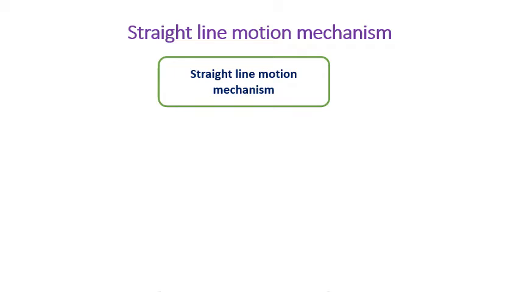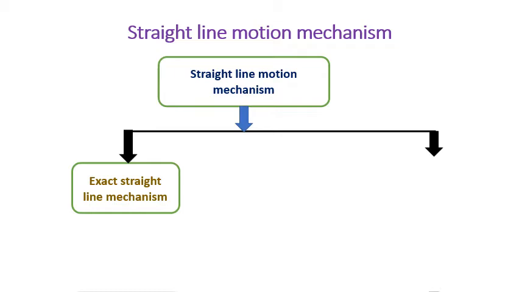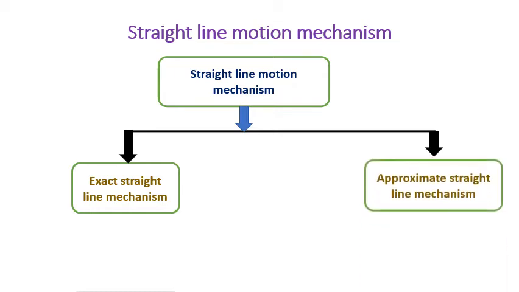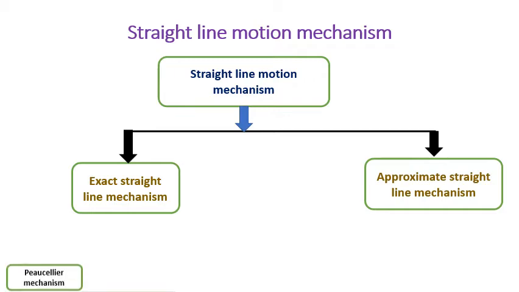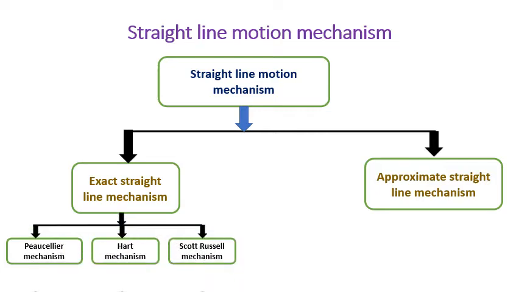According to the nature of the straight line path generated by the mechanism, they are classified as follows. One is the exact straight line motion mechanism or generation mechanism. Another one is the approximate straight line motion mechanism. The exact straight line motion mechanism is divided into three major types: first is the Peaucellier mechanism, another is the Hart mechanism, and third is the Scott-Russell mechanism.